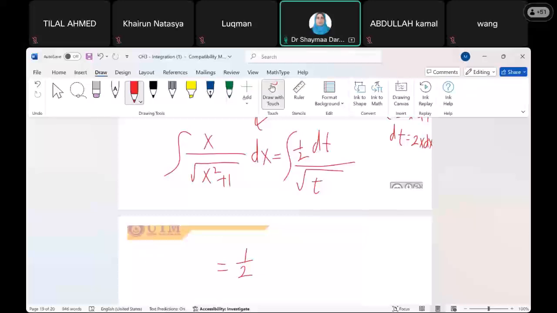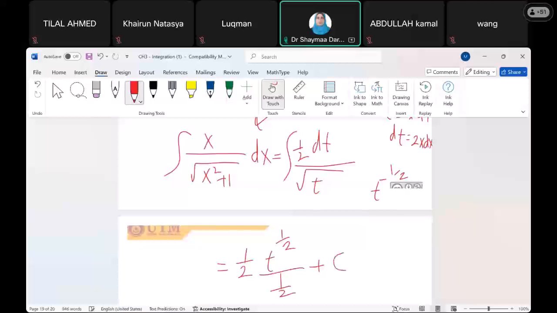The integration of 1 over the square root of t, as a power function, is t to the power minus 1 over 2, so plus 1 gives t to the power 1 over 2 divided by the new power 1 over 2, because minus 1 over 2 plus 1 is 1 over 2.